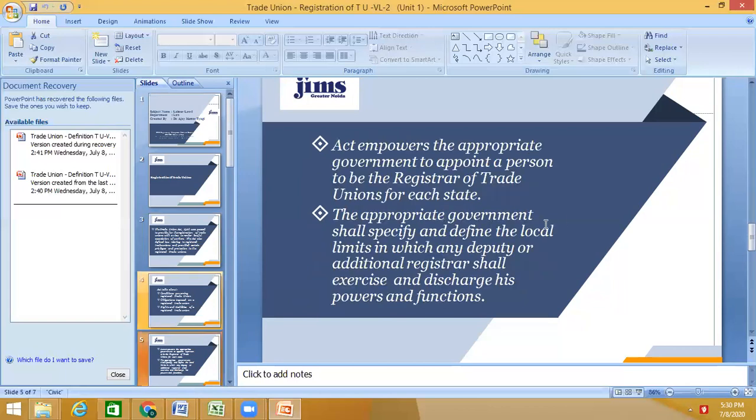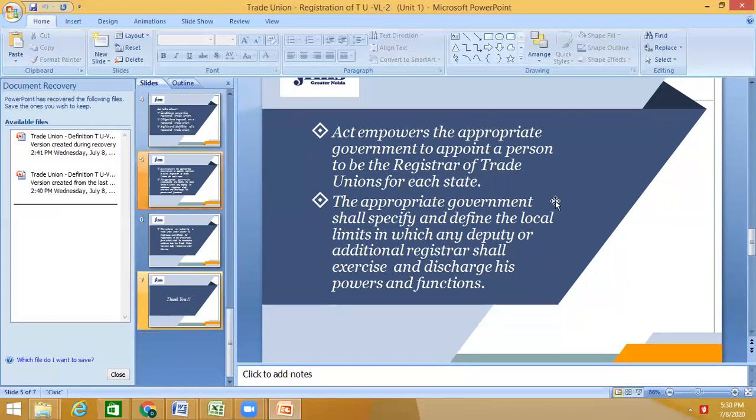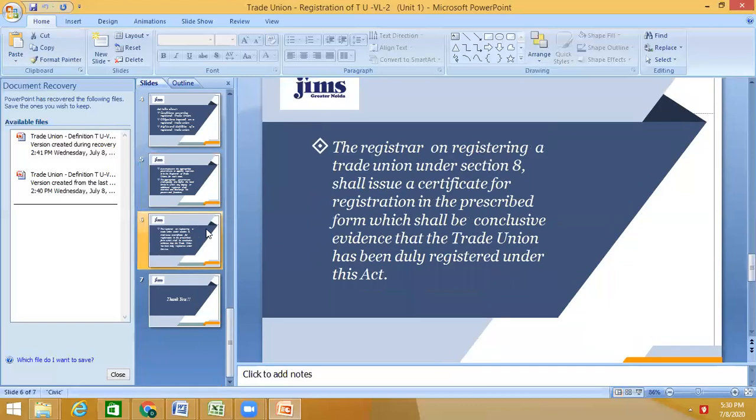We have discussed how the appropriate government is empowered to appoint a person as a registrar and can appoint a deputy registrar and additional registrar, and these deputy registrar and additional registrar will exercise the powers and discharge the functions of the registrar, and will be deemed as a registrar for the purpose of this act.